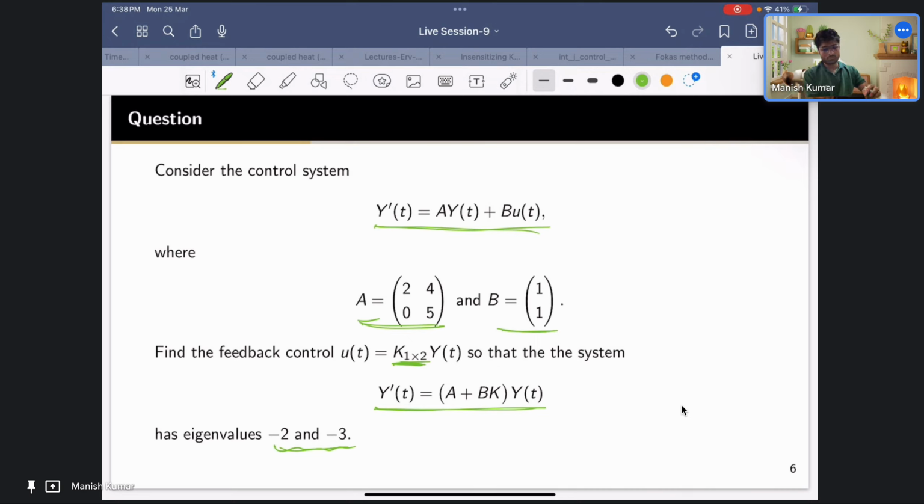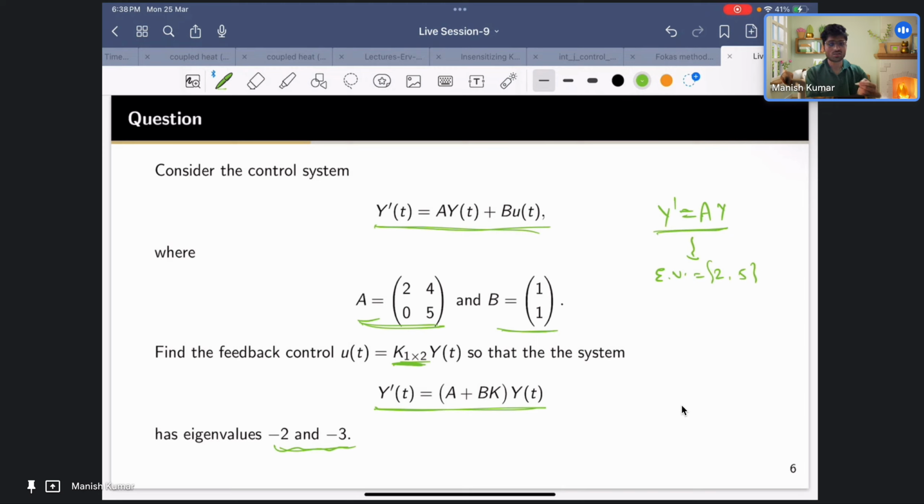Over here you can clearly see that if you consider y prime equal to Ay, then this is not stable, because the eigenvalues are 2 and 5. So now what you are doing is trying to shift the eigenvalues from 2, 5 to -2, -3, and hence you are trying to make the system stable.